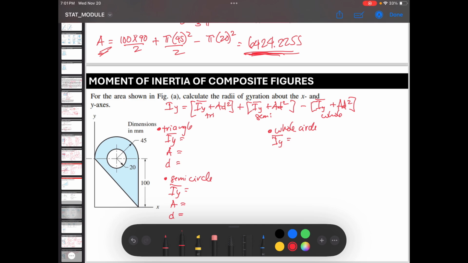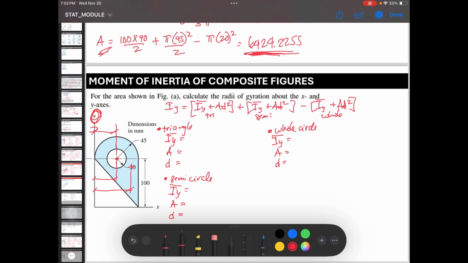Iy bar niya, area niya, and distance niya. Nasa y-axis na tayo, ito na yung reference axis. So, for their distances, ito pa rin ang centroid niyan, pero ito na yung distance from the y-axis na tayo. For the whole circle, ito yung distance niya. Si half circle, dito din ang centroid niya, so ito din ang distance niya.